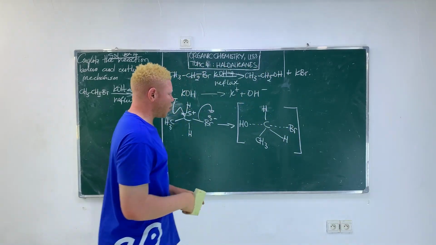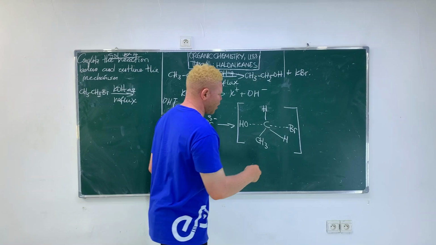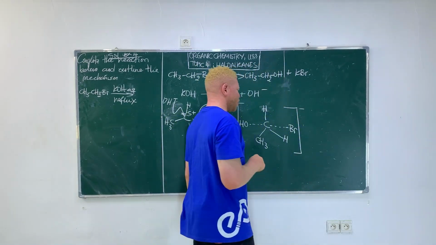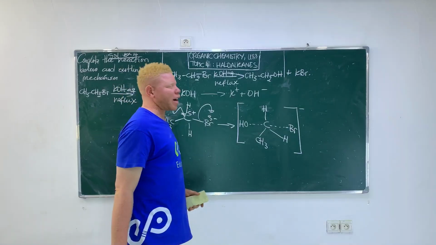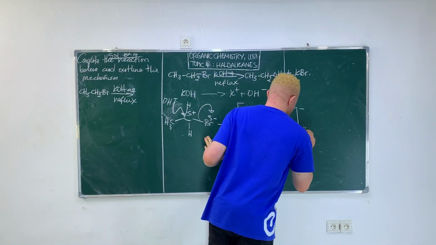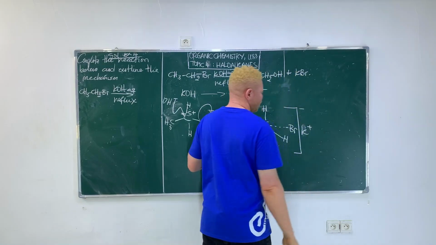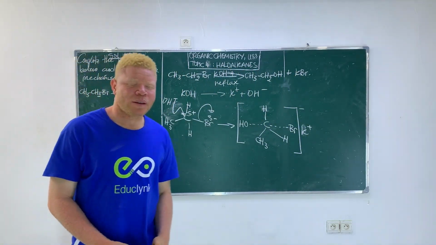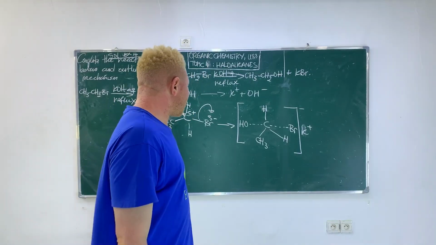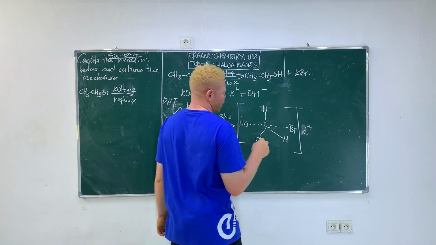So here is the formation of an intermediate. So the intermediate is, so the Br minus stays as a counter ion. The K plus will stay as a counter ion, such that the positive and the negative cancel. So this step is slow.